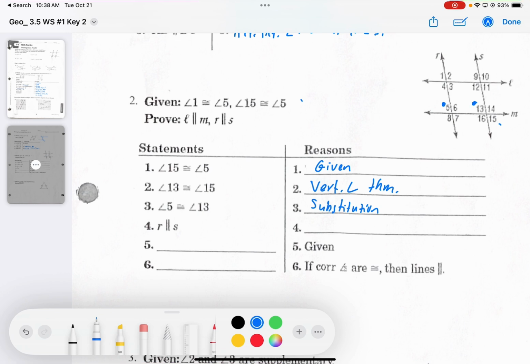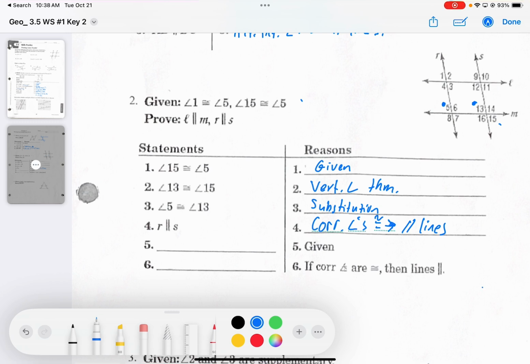What type of angle pairs are those, 5 and 13? Very good, corresponding. So then I would say corresponding angles congruent implies parallel lines. My arrows are never good. That's pretty good. It's not bad.